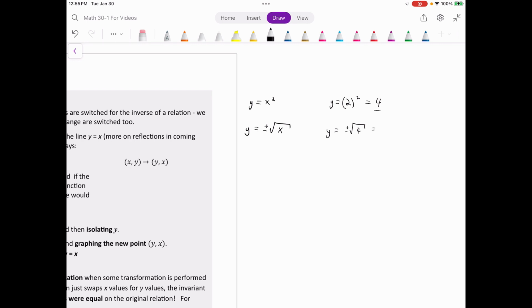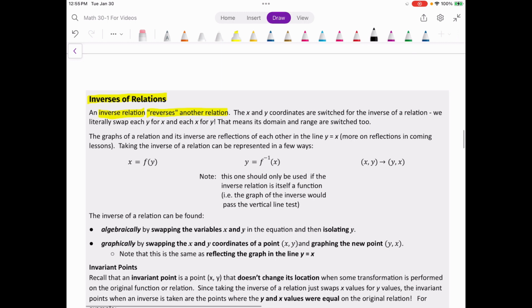I get plus or minus 2. I know that my original input was the plus 2, but it could have been negative 2. I would have gotten the same result. If I had put negative 2 squared in, I would have got 4. That's why that plus or minus is there, to make sure we find both possible values that are the square root of 4, okay?